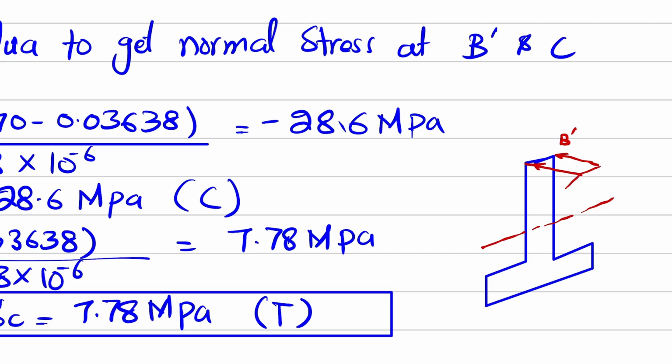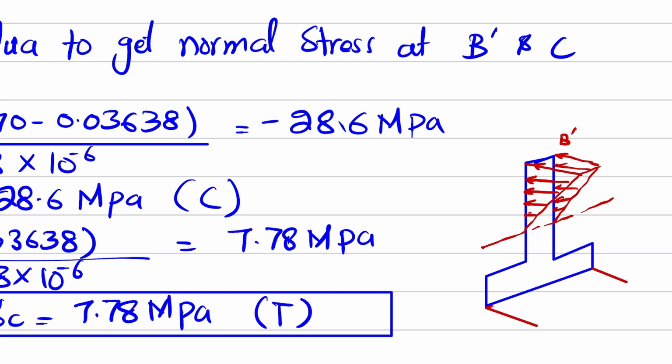At the neutral axis, we know the stress will be 0. Until this, all will be in compression. And at point C, it will be in tension, so the stress at point C will be like this.